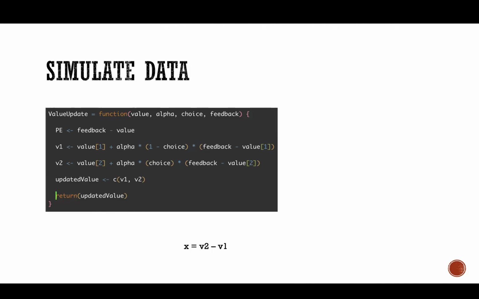So we get this update. When choice is 1, so the second possible choice, because they're in order 0 and 1, this becomes 0, and there is no update on the expected value of that choice.